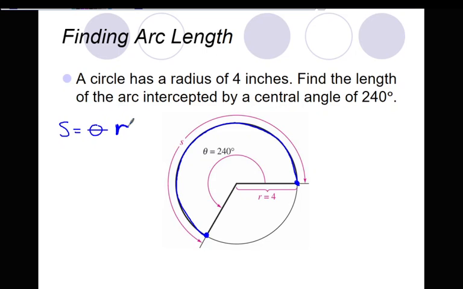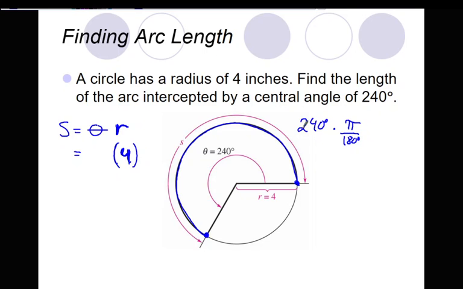Do we know what r is? Sure we do. r is 4. Do we know what theta is? Yes, but we know what it is in degrees. So before we can get started using this equation, we've got to get theta in terms of radians. So we use our equation: 240 degrees times pi over 180 degrees.